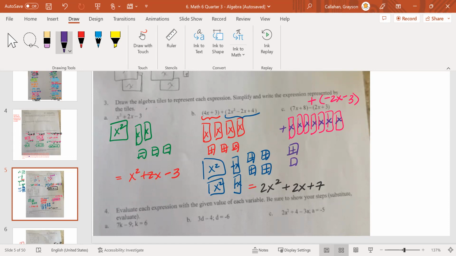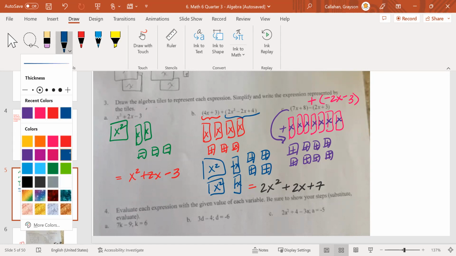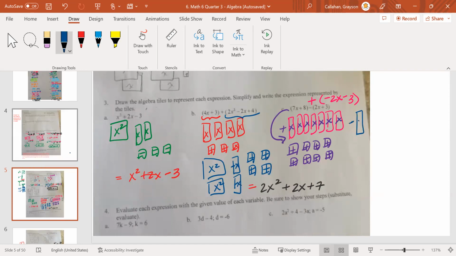Then plus 2, 3, 4, 5, 6, 7, 8. That represents this piece right there, okay? And then what you do with the second one, negative 2x. Negative 2x means that I'm going to put a negative x, negative x. There's two of them, right? And then 1, 2, 3, right?